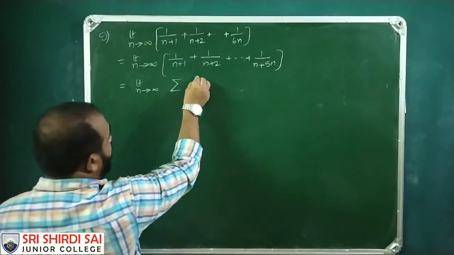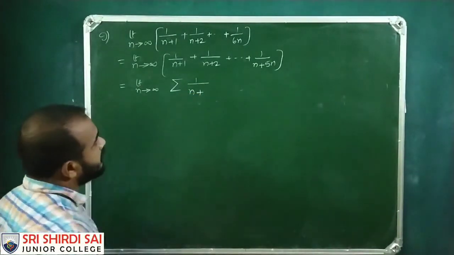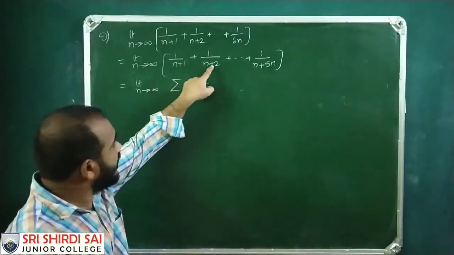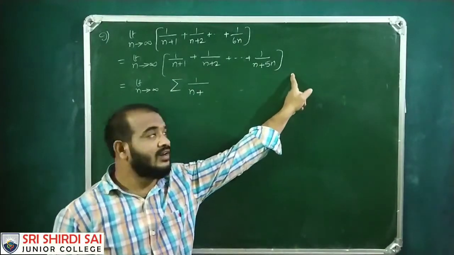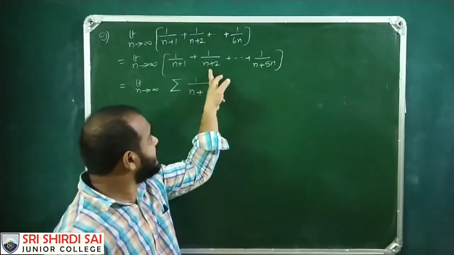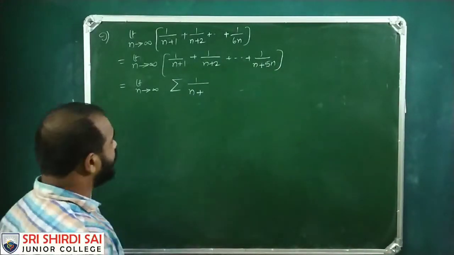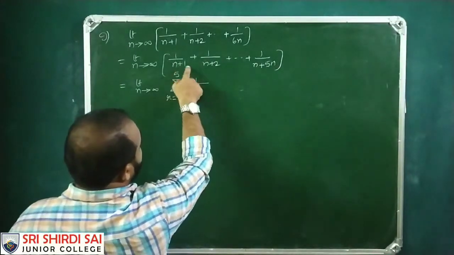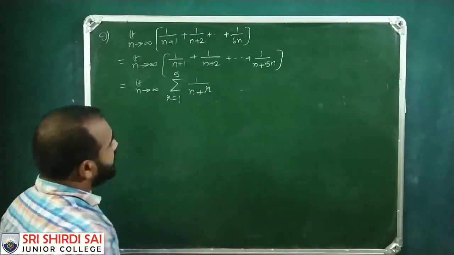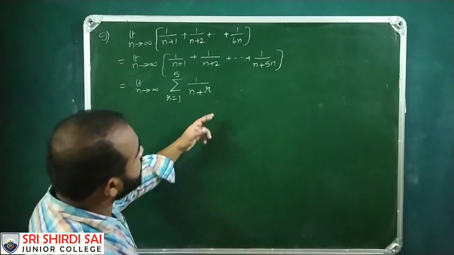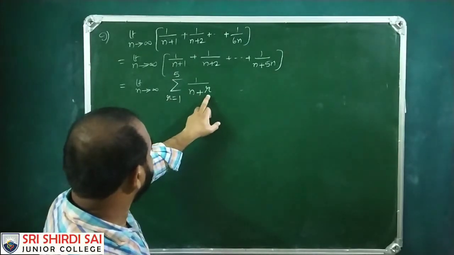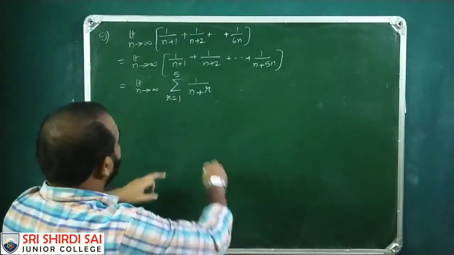This is 1 by n plus, in every term n is there, but here 1, 2, etc., 5n, this term is getting varied. So I will write it as r. So here n is there, plus r, and r runs from 1 to 5n.